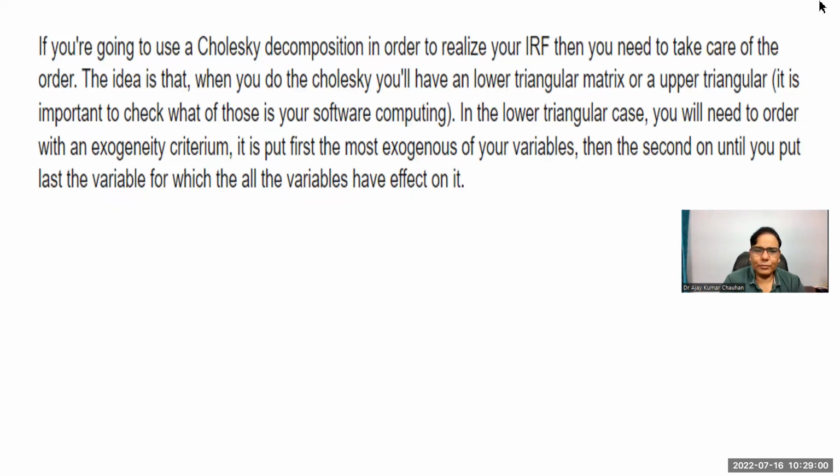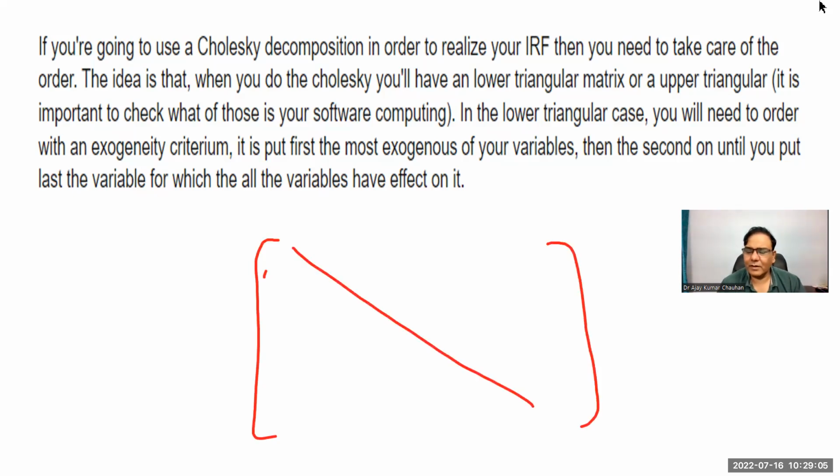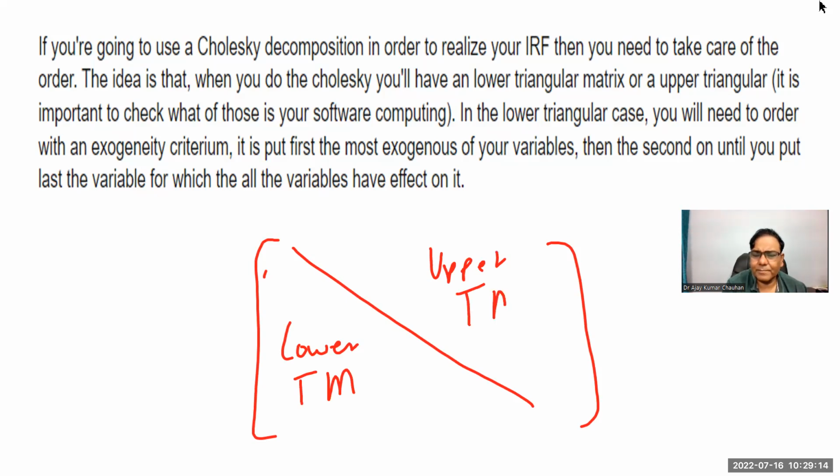If I show you, if this is a matrix, this is the diagonal, this is the lower triangular matrix and the upper triangular matrix. This upper and lower triangular matrix will change if you change the order of the variables.